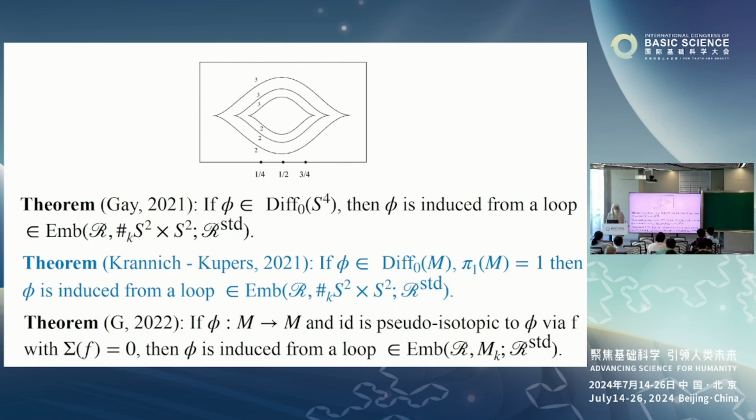And more generally, you could do that if the diffeomorphism is pseudo-isotopic to the identity by a pseudo-isotopy with trivial first Hatcher-Wagoner obstruction.